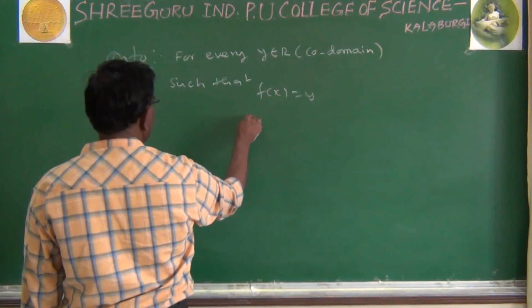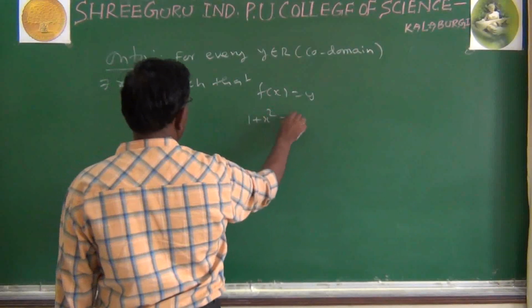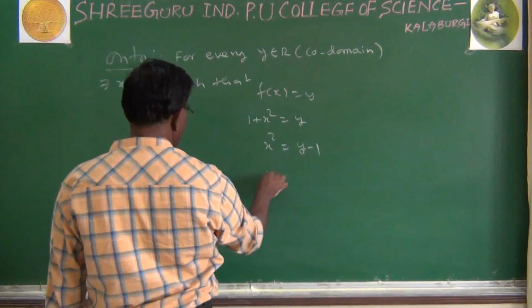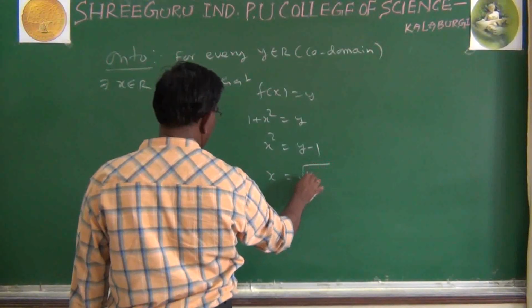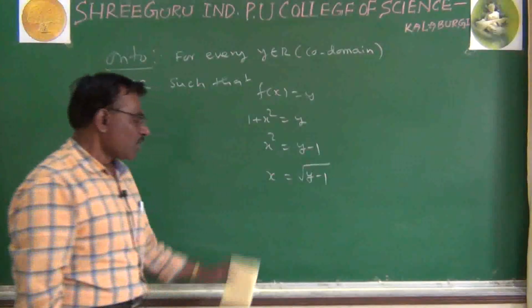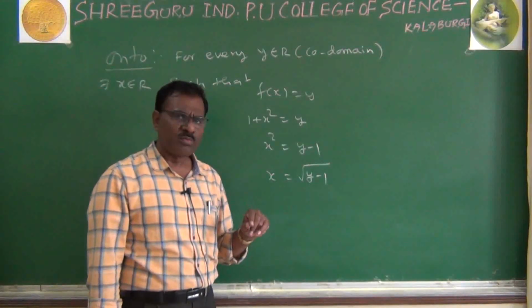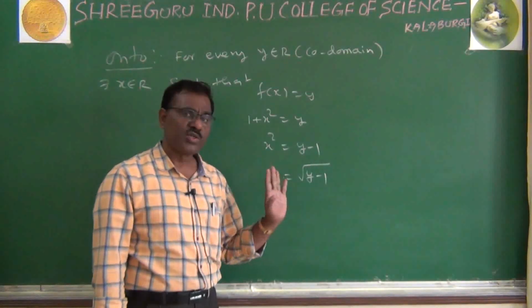What is f of x? 1 plus x square equal to y, x square equal to y minus 1, x equal to root of y minus 1. Okay? Root of y minus 1, for some values of y we will get real values only, no problem. But I want it completely in R.